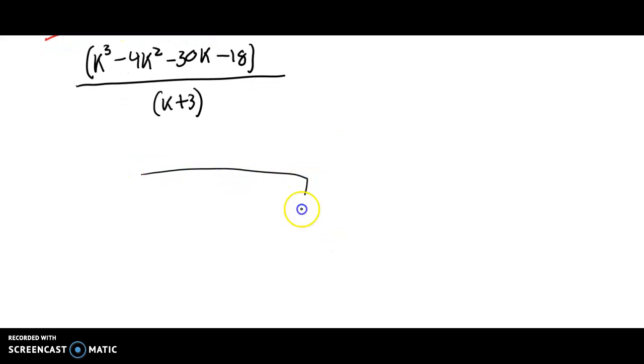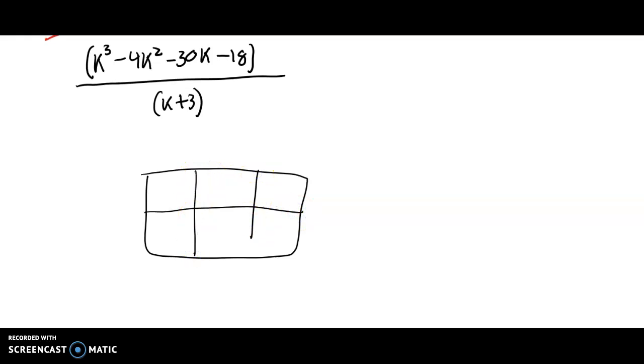So I'm still dividing. I want 3 columns this time. My k plus 3 is still going to go on the outside. My first term still goes in the top left box. k cubed. k times what is k cubed? k squared. k squared times 3 is 3k squared.